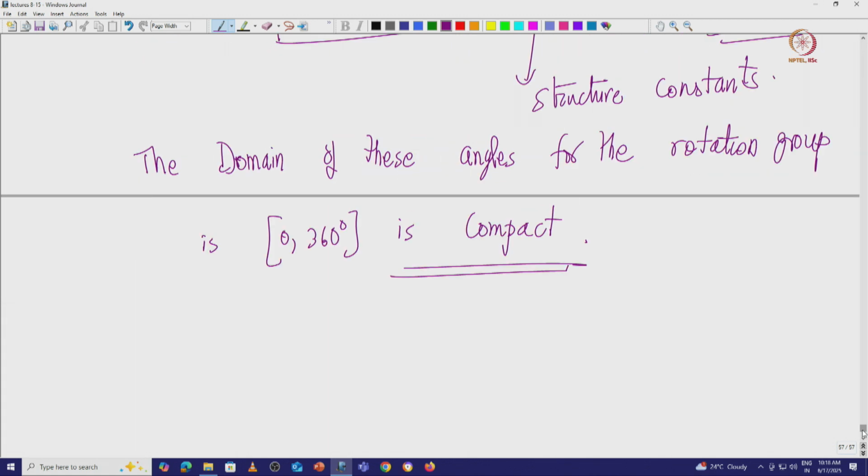So 360 degrees is equal to 0 degrees, so it comes back into itself.